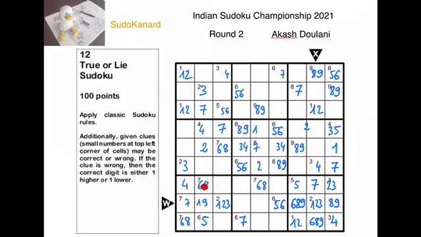This column still needs 1, 6, 8, and 9. This is not a 1 because of the pair. This is 6, 8, or 9. Is there something about 3s? Not sure.